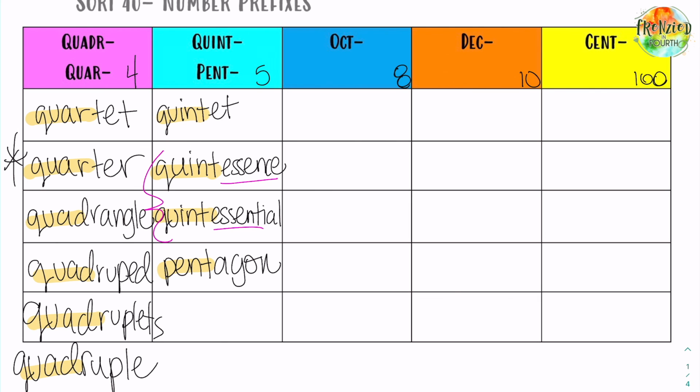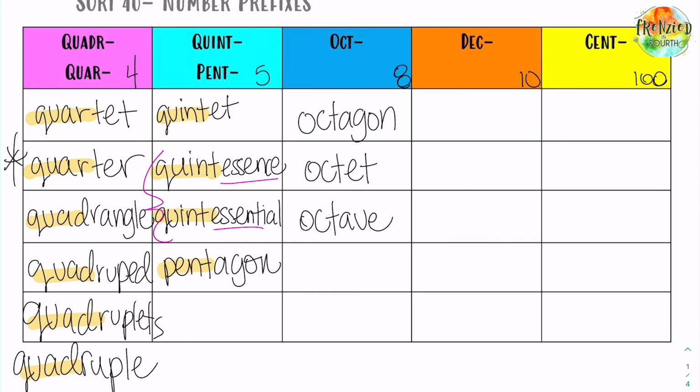We know that the Greek oct means 8. Let's see what words are on our list. We have 3 words here: octagon, octet, and octave. The first one is an octagon. That's a shape that has 8 sides.